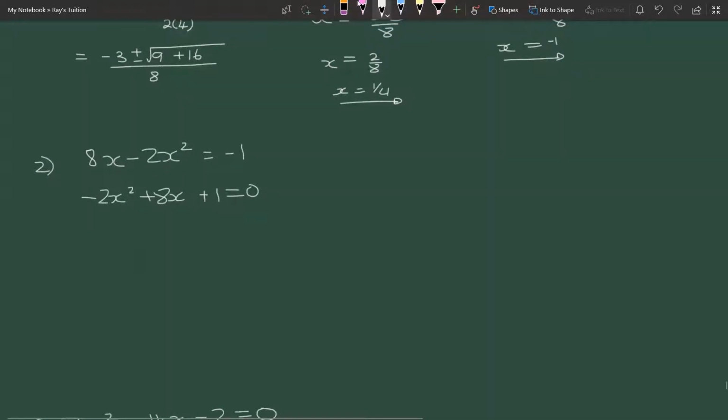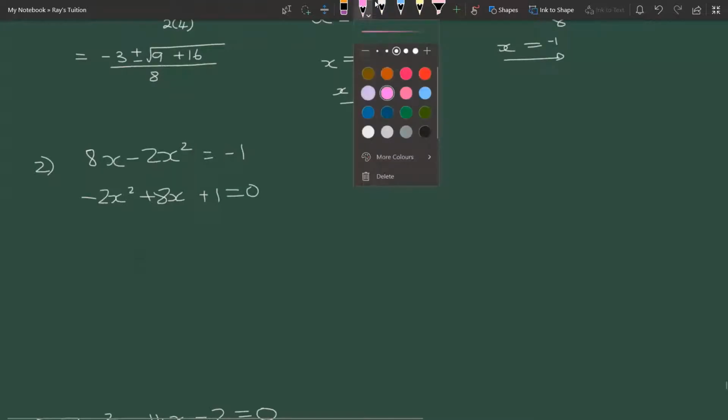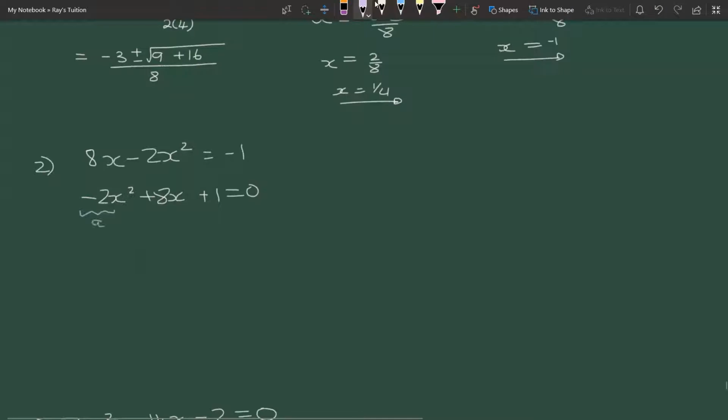So then again, we're going to identify our different elements. What we have is negative 2, the coefficient of x squared, is a, 8 is b, and 1 is c. Then we use the formula that x is equal to minus b plus or minus the square root of b squared minus 4ac all over 2a.